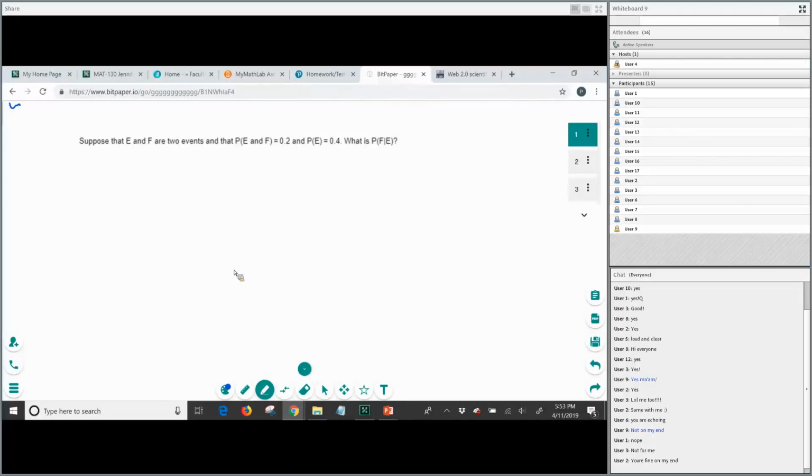There we go. So it says, suppose that E and F are two events. Probability of E and F equals 0.2.